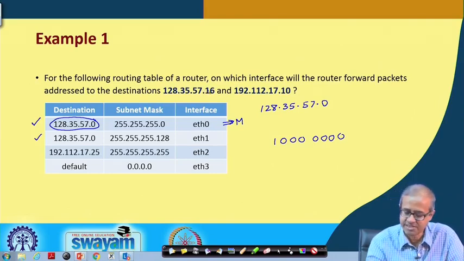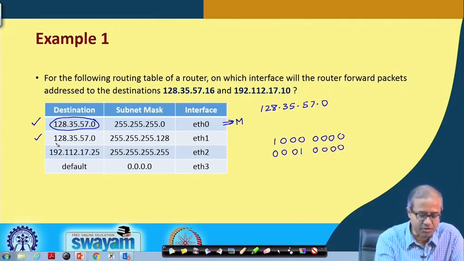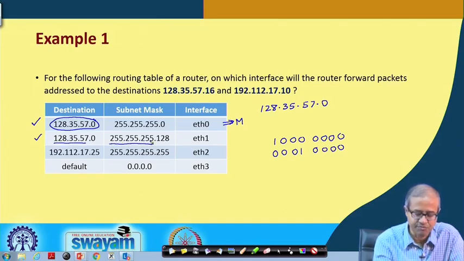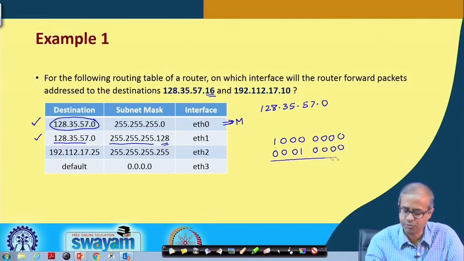Now, 16 is what? 16 is 0001 0000. So, the first 3 bytes will be the same. If we AND it with 255, 255, 255, it will be 128, 35, 57, but the last one, the 16, will get ANDed with 128. If you do bit by bit ANDing, you see all are zeros.